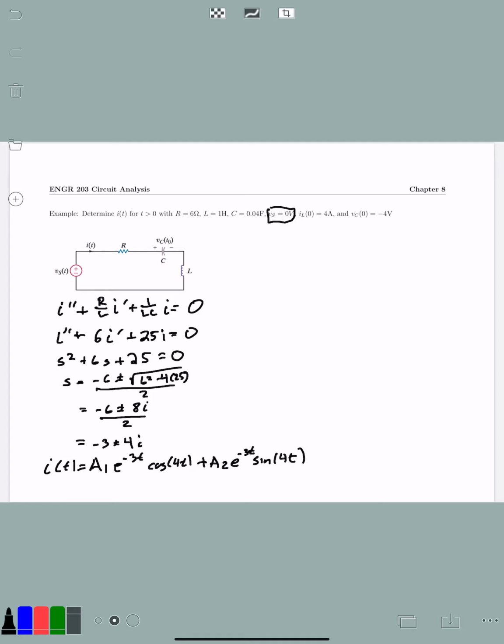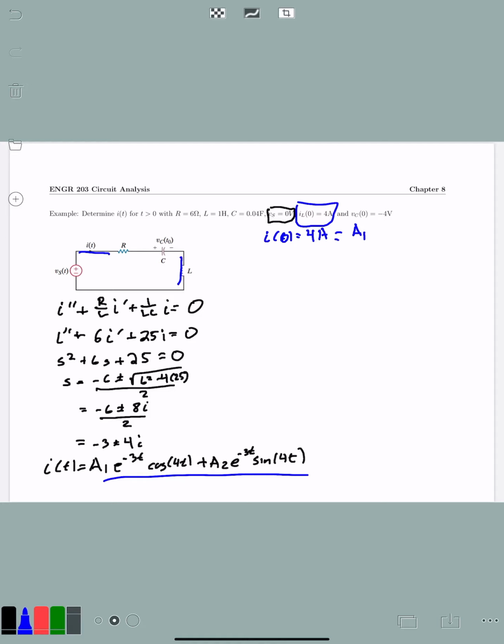Notice that in this problem, they do tell us that IL of 0 is 4 amps, and since the current through the inductor is the same as the I of t we're looking for, I of 0 is 4 amps. If you plug 0 into this formula, the sine term goes away, the cosine term is 1, and e to the 0 is 1, so we immediately find our a1.